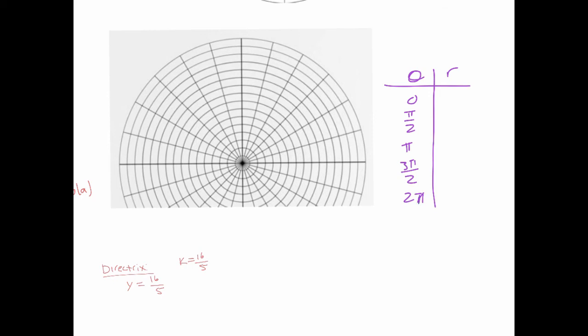I'm going to sketch in my directrix right away, so that's located at about 3 1/5. So a little more than 3. So it's y equals that, so it's this horizontal line. So this is y equals 16/5. Okay, and I know one of my foci is here.